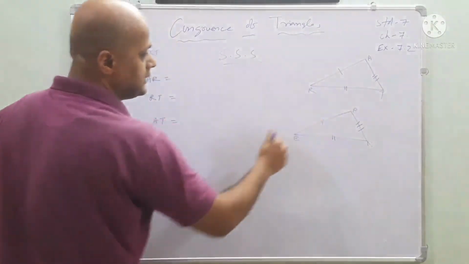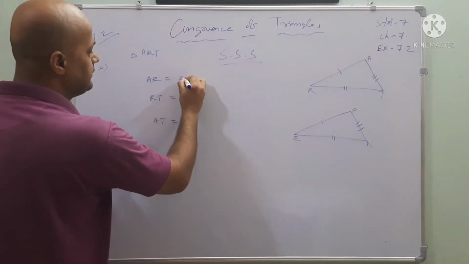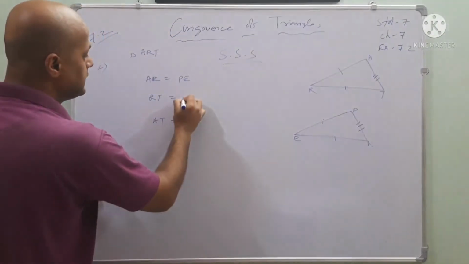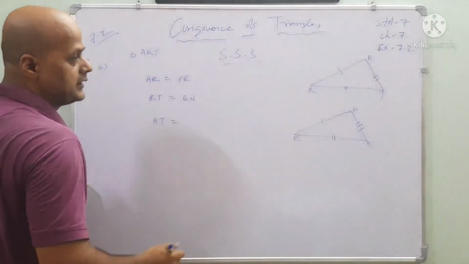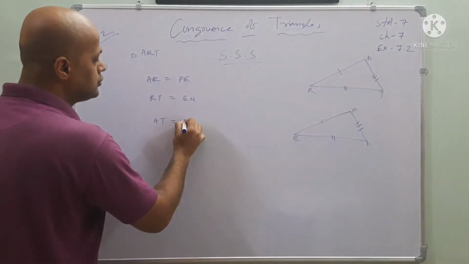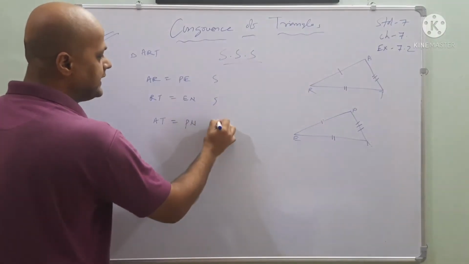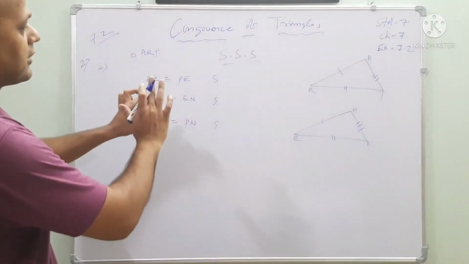AR is equal to PE. RT is equal to EN. And AT is equal to PN. So all of them are sides, yes. So our answer is correct.